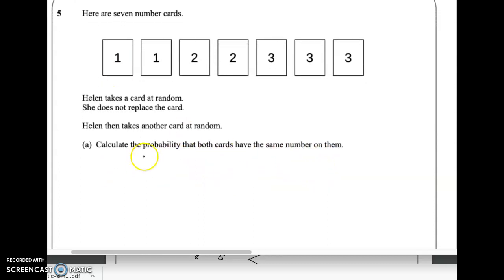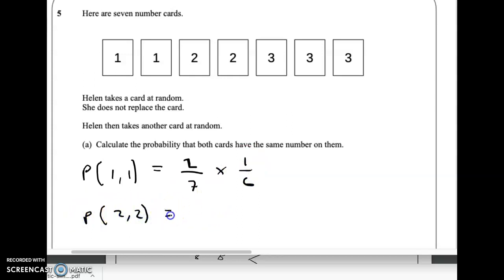Okay, so it's going to be the probability of 1 and 1, which equals, there are two 1s, so it's 2 over the possible 7 times 1 over 6. Or it could be the probability of it being a 2, then a 2, which equals 2 over 7 times 1 over 6.